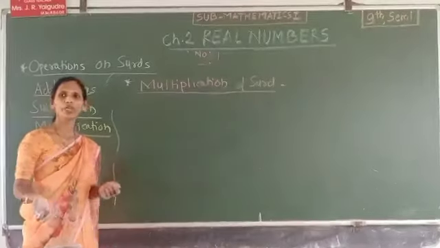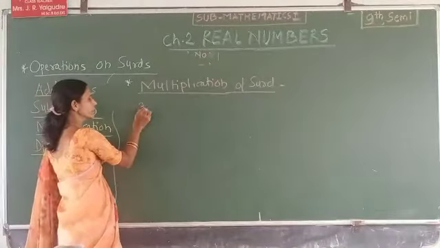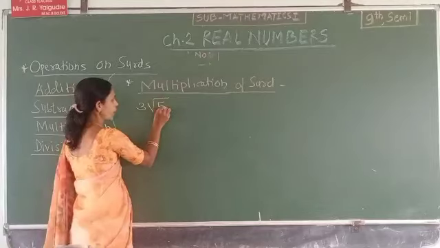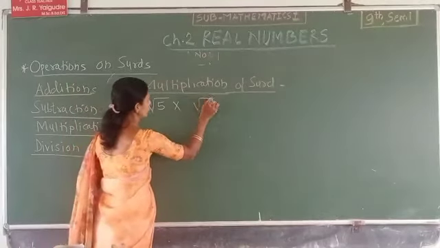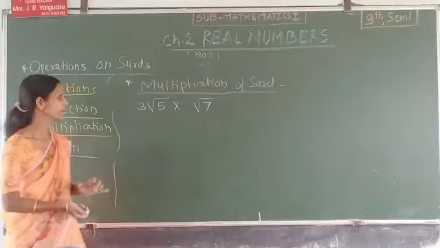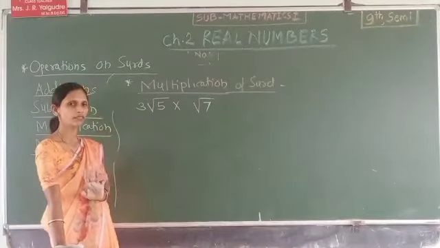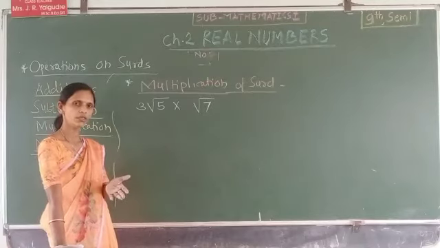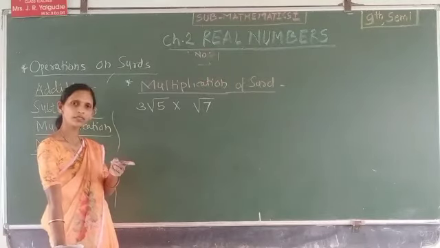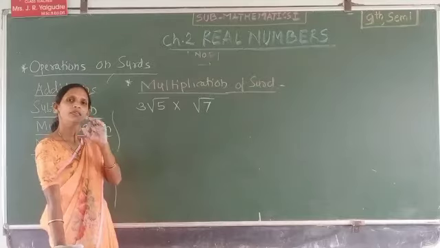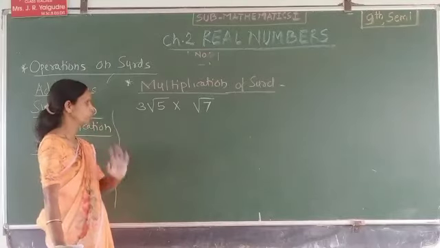Then taking one example of it, that is 3 root 5 into root 7. See here, 3 root 5 and root 7 are not similar surds, but we can do the multiplication of similar surds as well as unlike surds also.